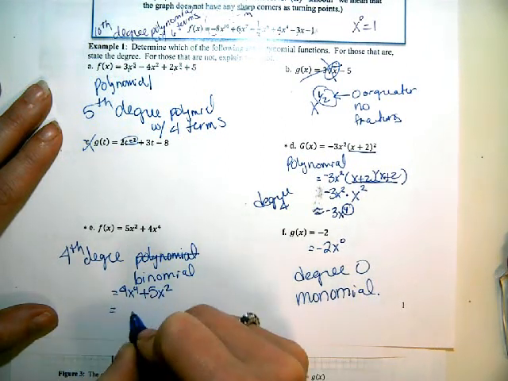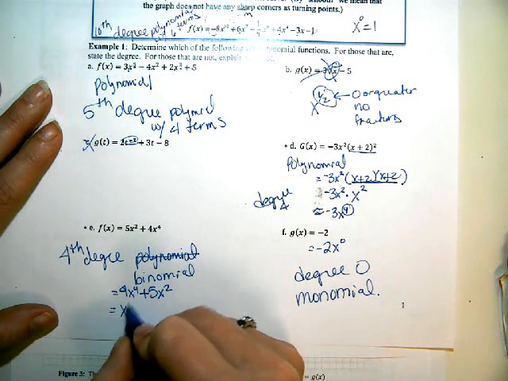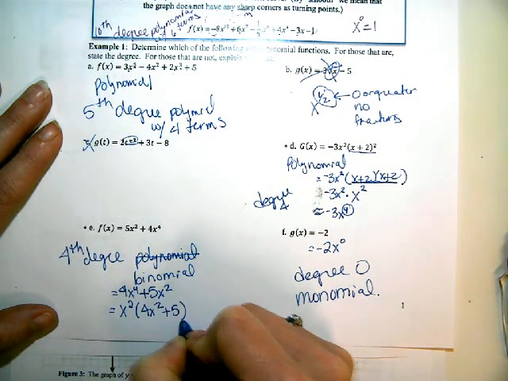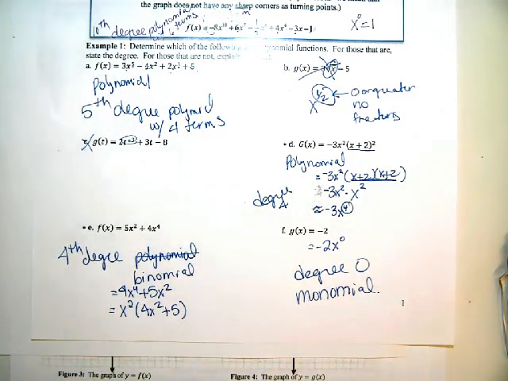That is standard form. But if I were to put this in factored form, it would be x squared times 4x squared plus 5. In general, if it's easy to factor, I'm going to ask you to factor it. If it's hard to factor, I'm going to give it to you in factored form. You need to know how to operate stuff when it's in factored form and when it's not in factored form.